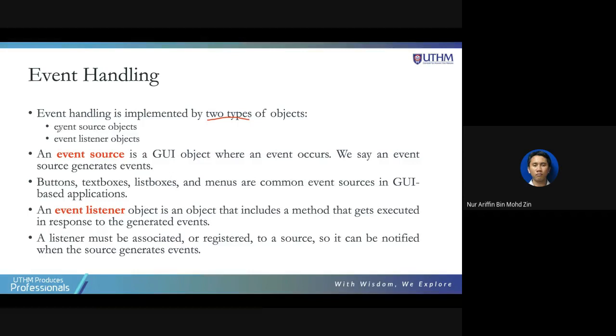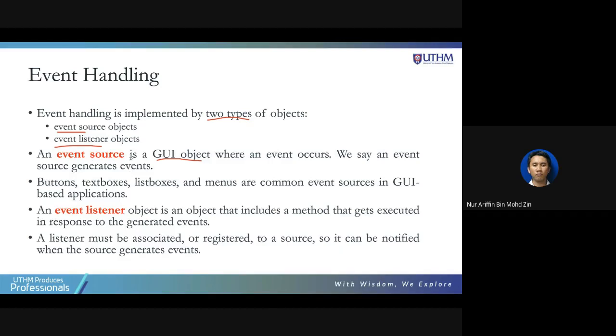The first is the event source, and the second is the event listener. What is an event source? An event source is a GUI object on which an event occurs. We say an event source generates an event.